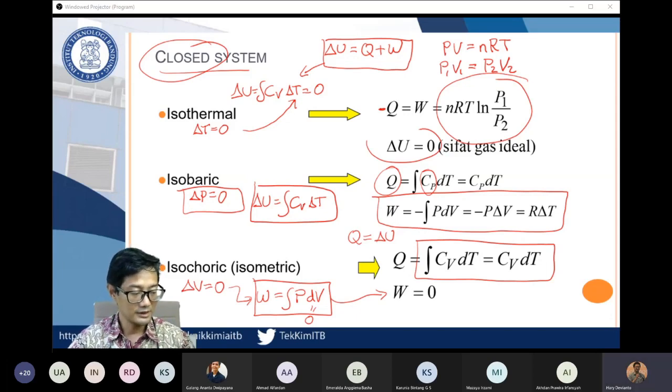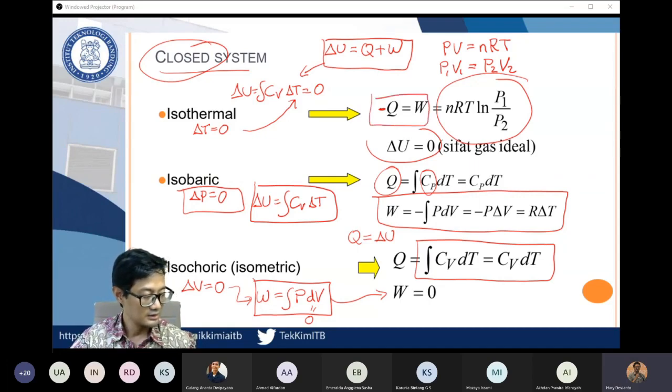I will repeat. For example, isothermal, when delta T is equal to 0, this will lead to delta U equal to 0. Because delta U is equal to 0, we have this relation: W is equal to minus Q. And then you can use this correlation.